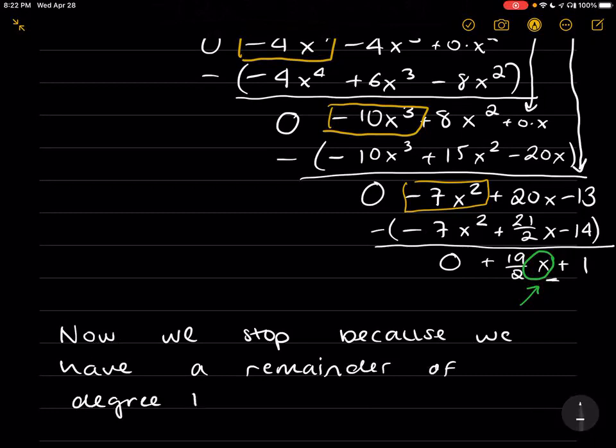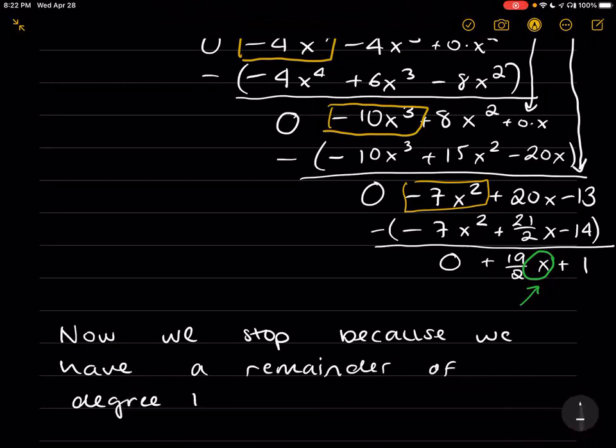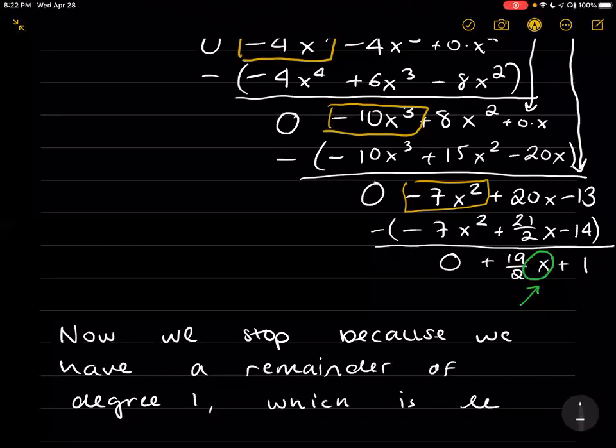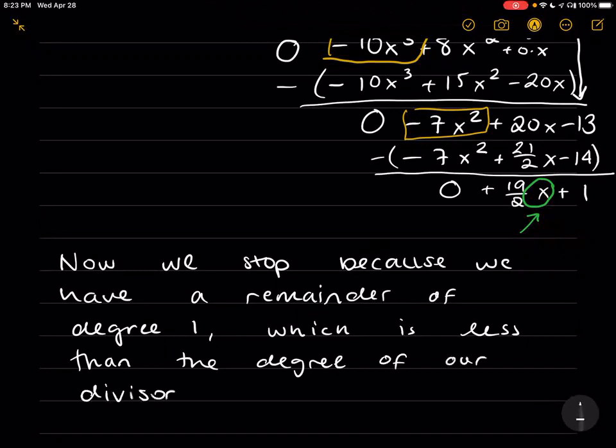That's this thing in green right here. And that is less than the degree of our divisor, which was 2. Okay, so our process stops.